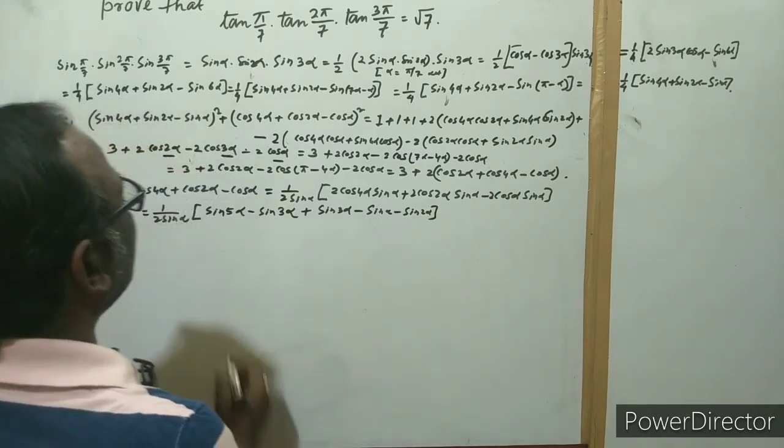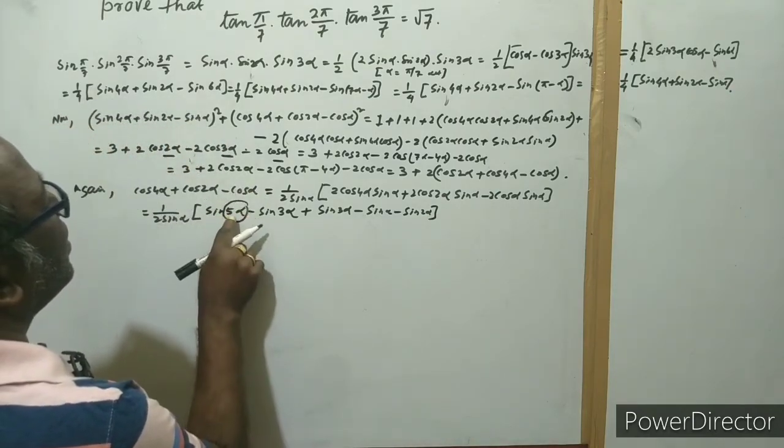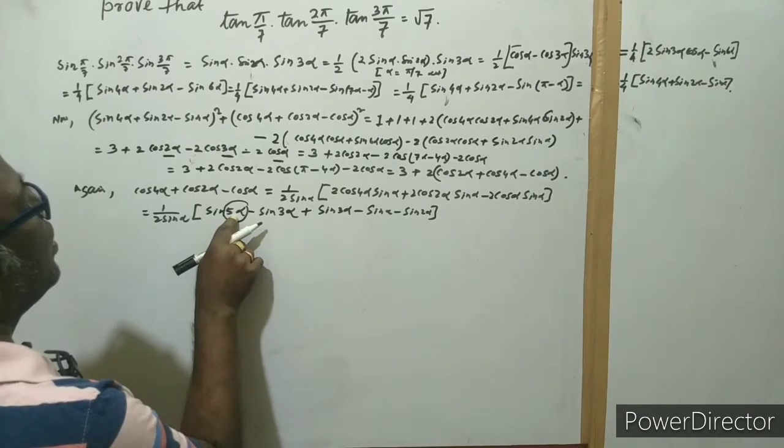And this value is 7 alpha minus 2 alpha, that is pi minus 2 alpha.